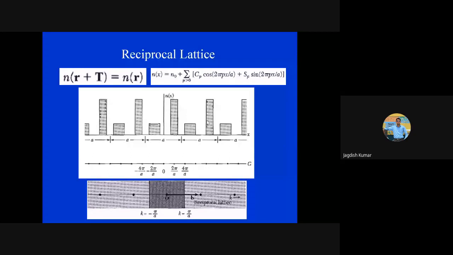Same thing here: these Fourier coefficients tell you practically the detailed nature of the distribution of the function, how the function is varying inside the unit cell. Once you know how the function is in the unit cell, of course it is going to repeat itself in the neighboring unit cell. So these Fourier coefficients decide the shape of the function in the unit cell.